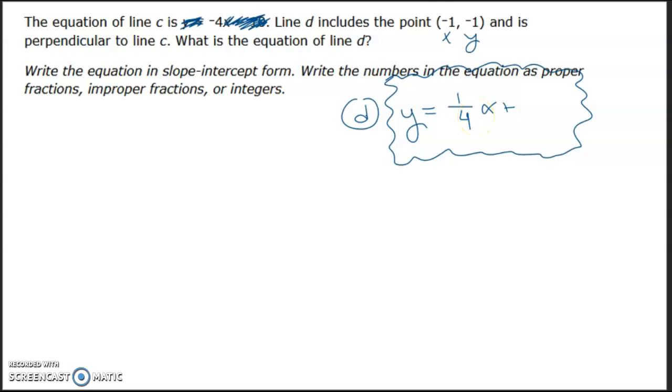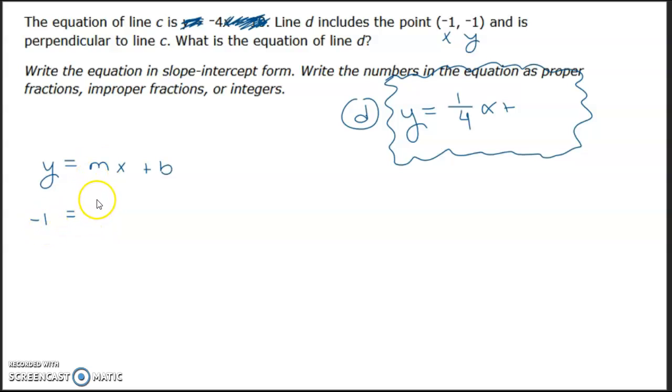Now it didn't give us our b. It did it again. It gave us an x and a y. So let's go ahead and use that equation to our advantage. So we have y equals mx plus b. Our y is negative 1.